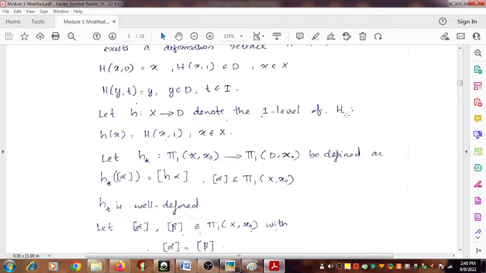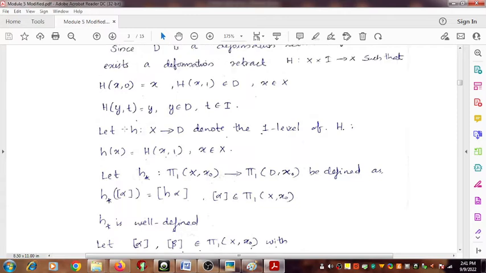And then since H is a function, small h can also be called a function. So h can be defined from X to D. It will be clearly defined from X to D. Why? Because we get that level 1 from the second condition.